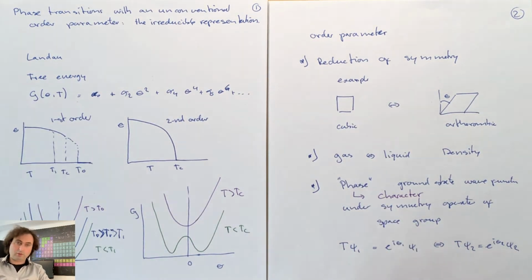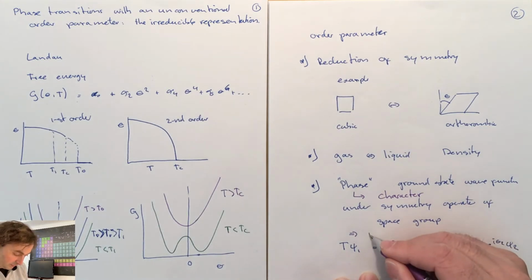You look at it for all symmetry operations, and that is your character. A generalization of even and odd states that we have. And in order to then make the statement a bit more exact, we look at the irreducible representation and we say we have a phase transition because the irreducible representation of your ground state changes.